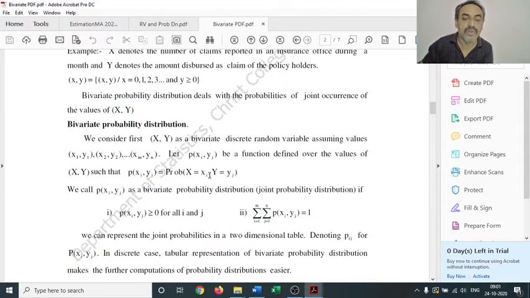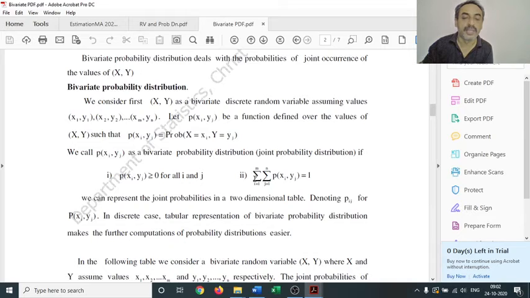Here the comma stands for an AND operator, so we consider the joint occurrence of xi for capital X and yj for capital Y. This assignment of probabilities is said to be a proper bivariate probability distribution if it has the two properties, again the positiveness property and total probability 1. That is, individually the values are positive, p of xi yj greater than or equal to 0, and the total of all these mn combinations of probabilities is equal to 1. Then we say p of xi yj is a proper probability distribution.